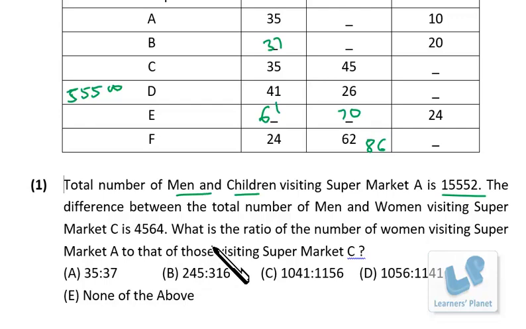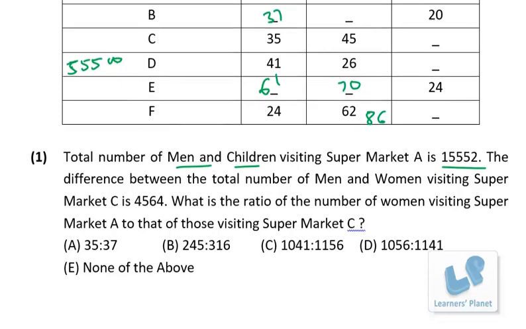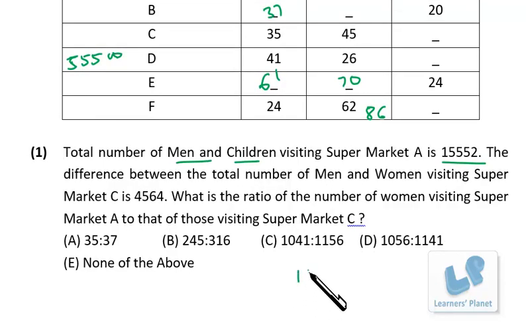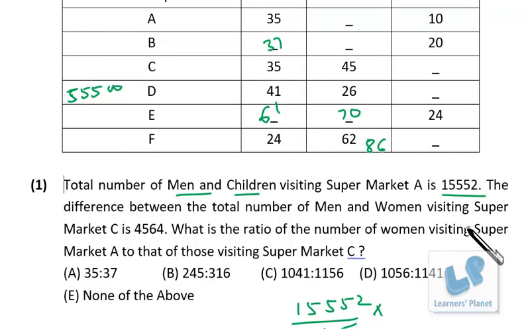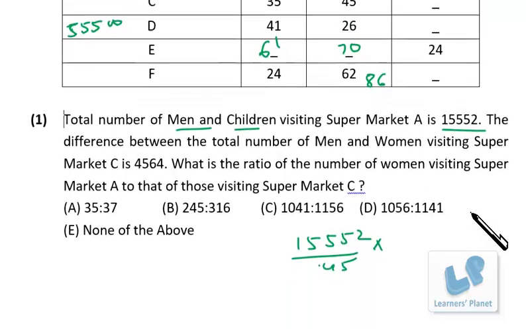Okay, so for supermarket A, the total number of men and children is this 15,552. So women will be 15,552 divided by 0.45 into 0.55. So this is the number of women in supermarket C.